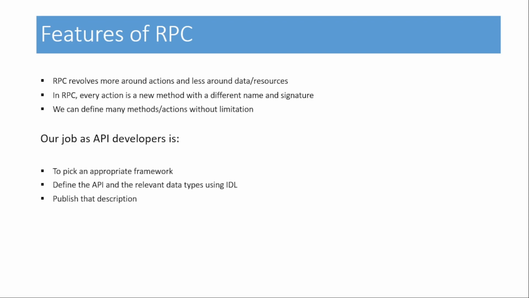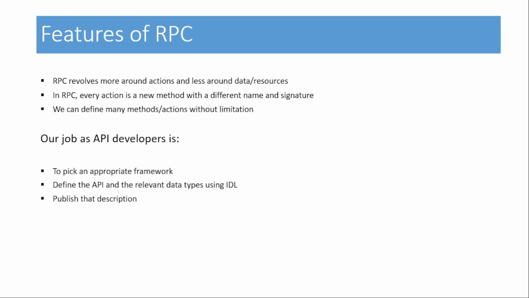Features of RPC. RPC revolves around the actions and less around data resources. This means that the primary focus is on performing operations or invoking methods rather than manipulating resources or entities. In RPC, every action is a new method with a different name and signature. This clear distinction ensures that each operation is uniquely identifiable and callable.